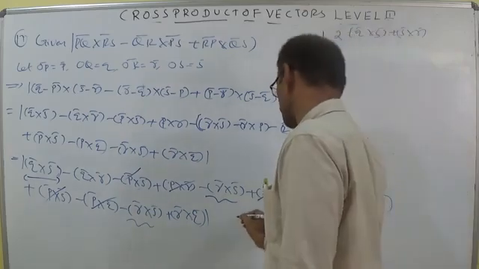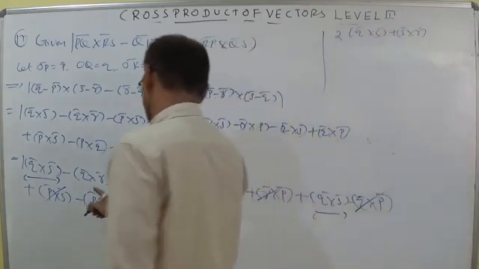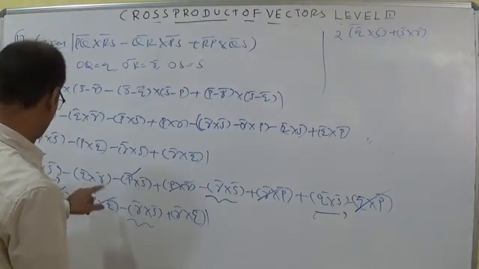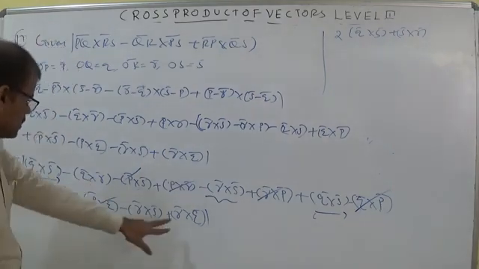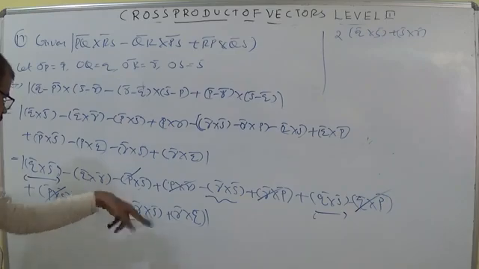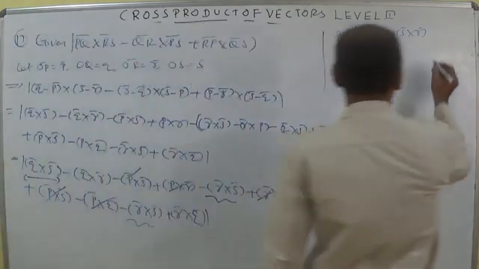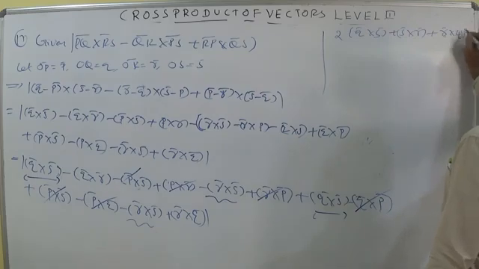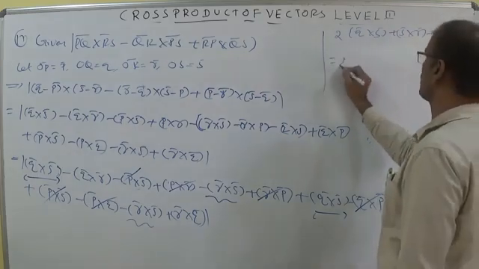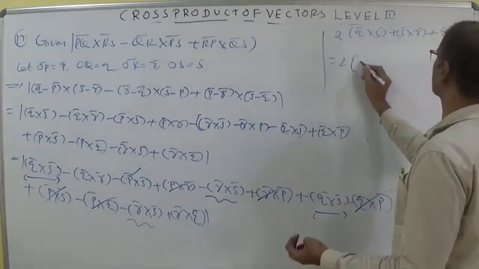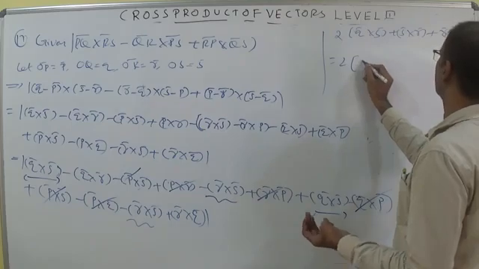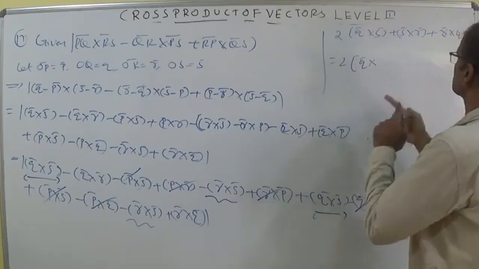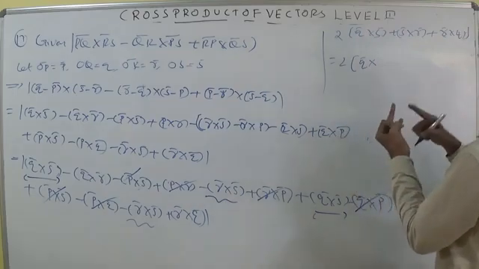Okay, this one is completed. Next, minus Q cross R and plus R cross Q, so you write R cross Q twice. Let us write the order Q cross R, R cross S, and so on. Q R S is there.